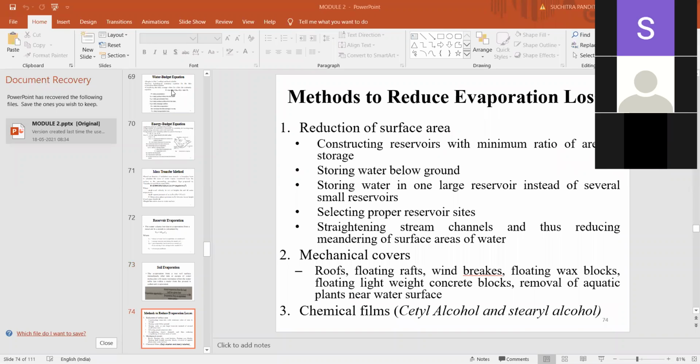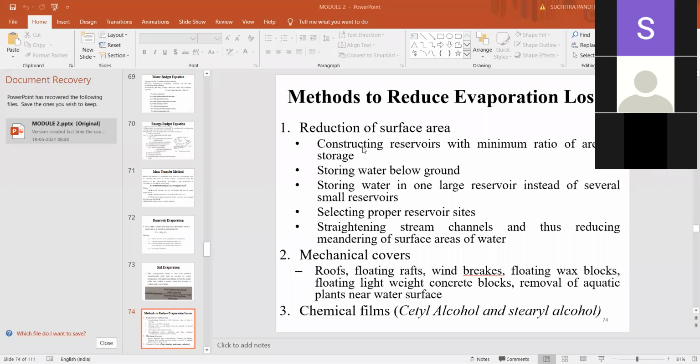Next we shall discuss the methods by which you can reduce the evaporation losses from a reservoir or from a lake or a pond. So the first thing is reduction of surface area. That means constructing reservoirs with a minimum ratio of surface area to actual storage.